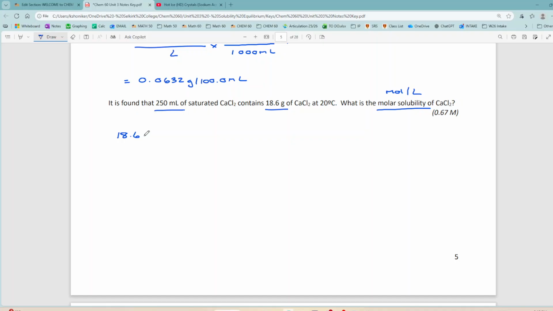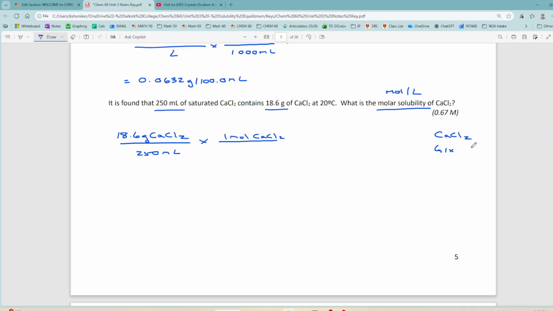So I would start with 18.6 grams of calcium chloride, and then I would right away divide by 250 milliliters. So now I'm in grams per milliliter, and then I'm going to convert my grams to moles. So I know that 1 mole of calcium chloride weighs how much? Well, calcium chloride is made up of 1 calcium.